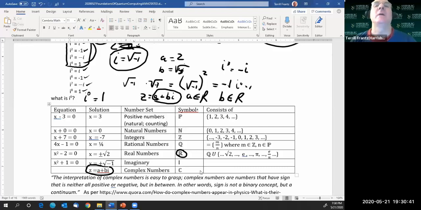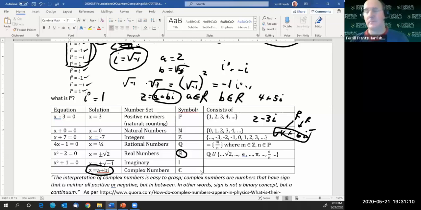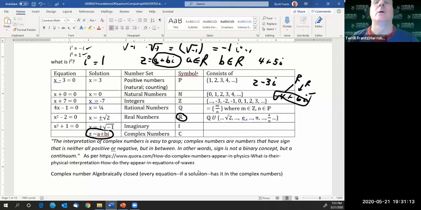So a valid complex number is 4 plus 5i, or 2 minus 3i, or minus 4 plus 6i. So it's got two real numbers as well as the i component. All right, it's fairly straightforward, well, sort of.